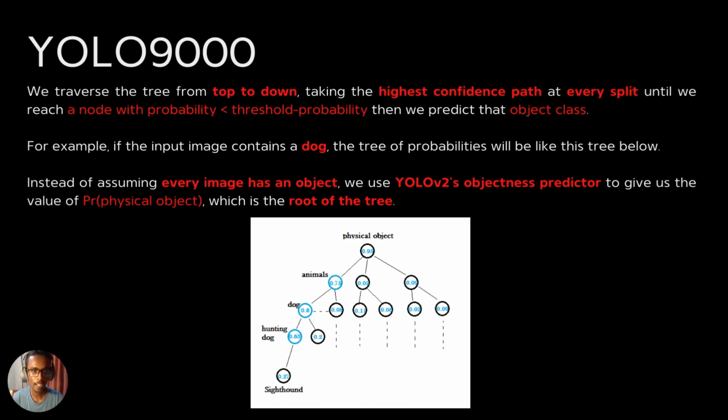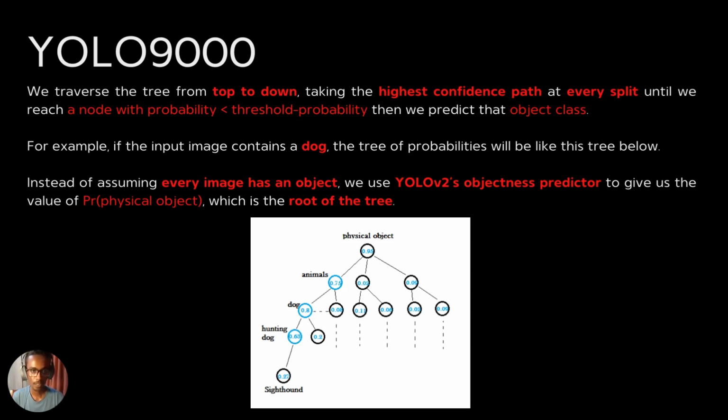We're going to have a threshold probability, and unless we reach that threshold probability, we just traverse the tree. And when the probability is less than the threshold probability, we predict that as the object class.